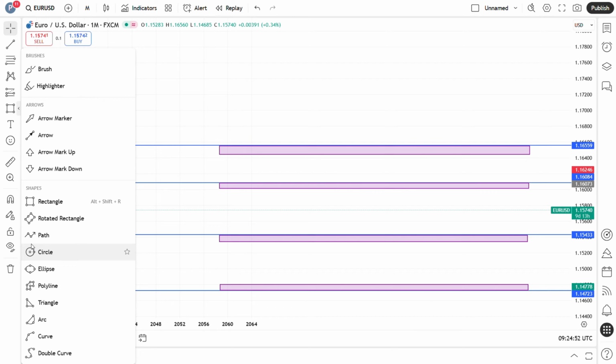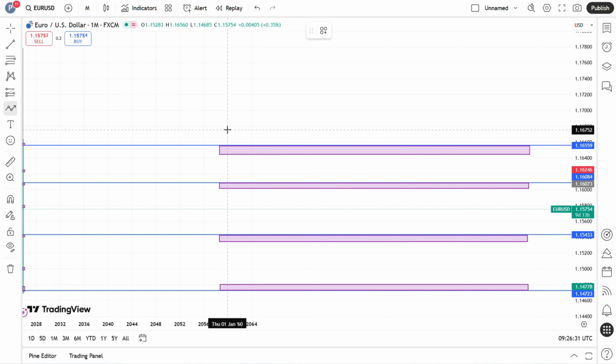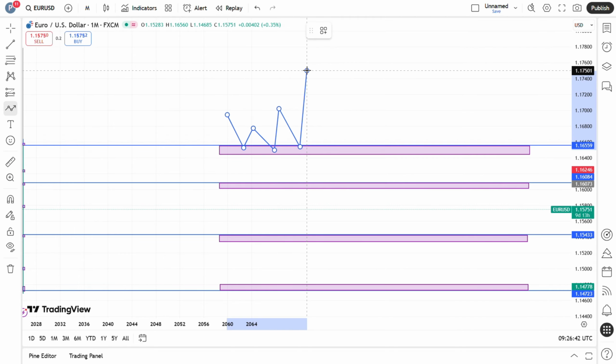On that zone, it will sometimes create a double bottom or a W, depends on what you want to call it. It will sometimes create three touches on that zone, which people call a triple bottom. It's up to you what you want to call it.